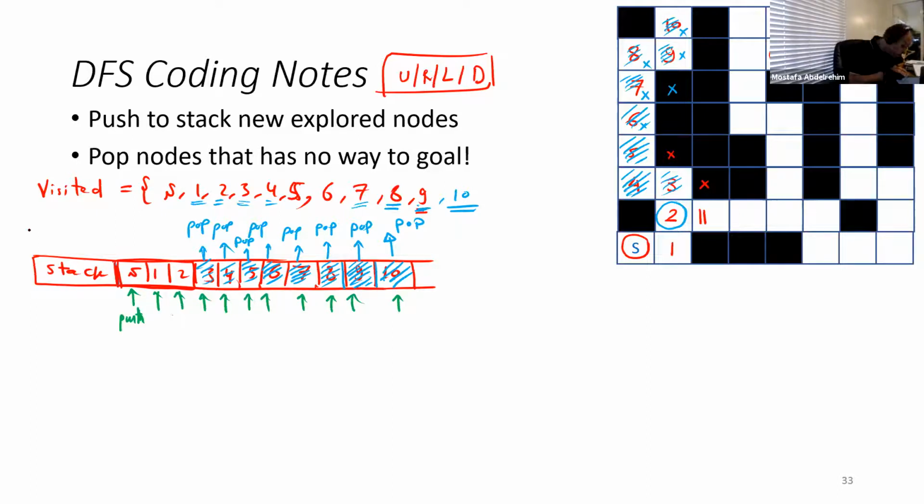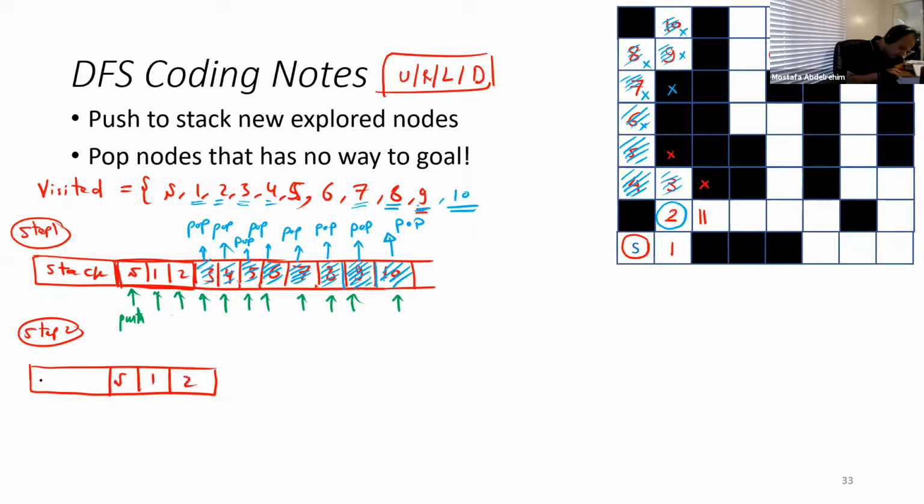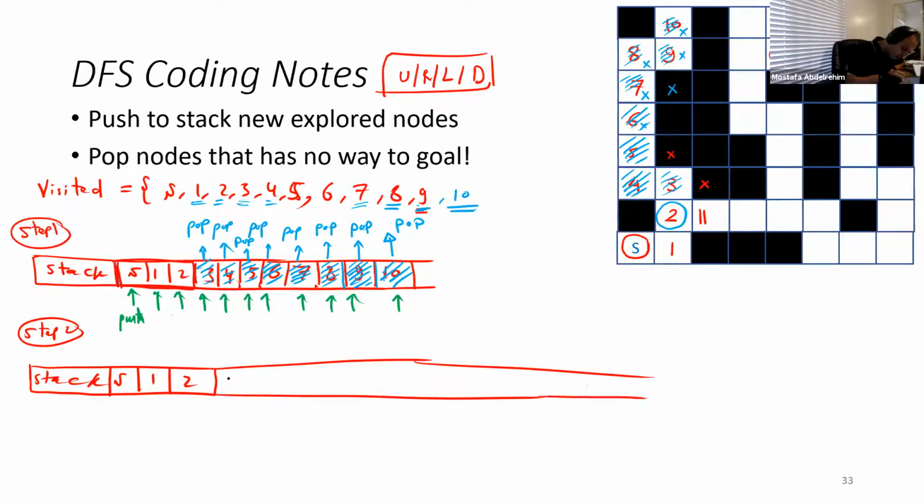Let's call this step 1, for example, and let's have a step 2 here. We have another stack with only 3 nodes: S, start, 1 and 2. And we're gonna put 11 in here.